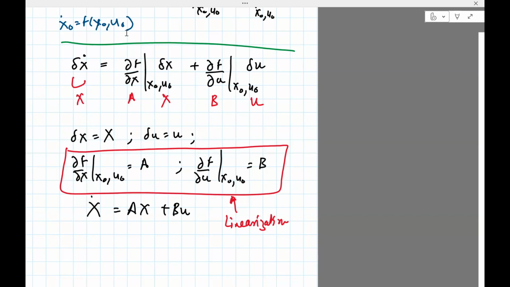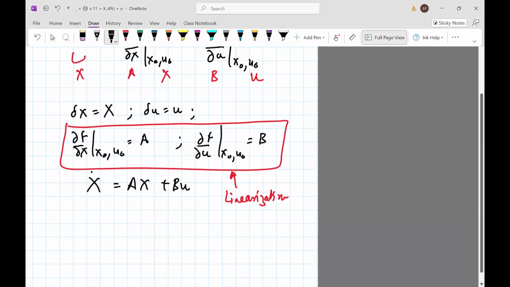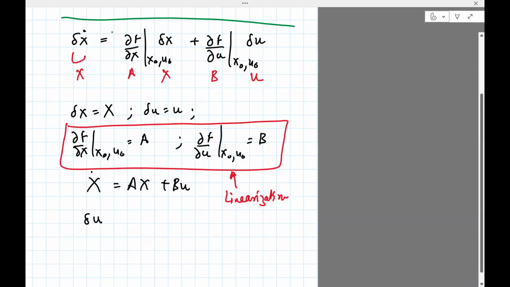You can use pole placement or LQR to get your K matrix. And then finally, the final step is, of course, to implement this. We said u equals minus Kx, but that is simply delta u equals minus K times delta X. So this will be our feedback controller.